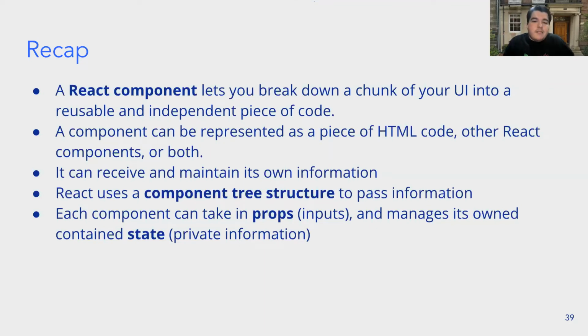So each component takes in props as inputs, and props always go downwards, and then it manages its own state, which is like private information. And it's private to its own component. So if you're working in your own component, you have access to state. It's not an encrypted variable, but any component outside of it cannot access it.